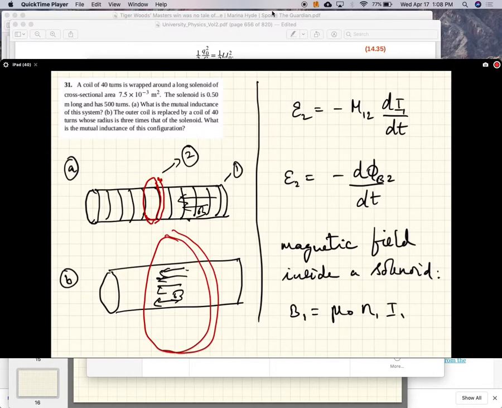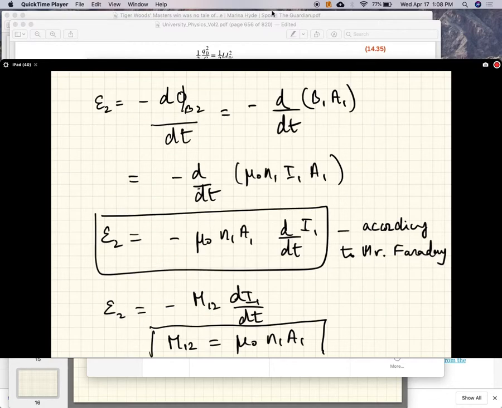All right. So see, that's why I asked Fred, do you have any questions? The coil of 40 turns is wrapped around, so here's where I made the mistake. This flux is N2, the number of coils in that's the total flux going through coil 2.